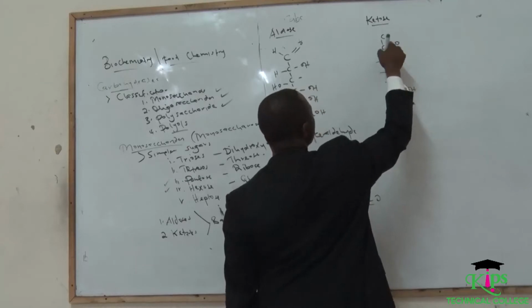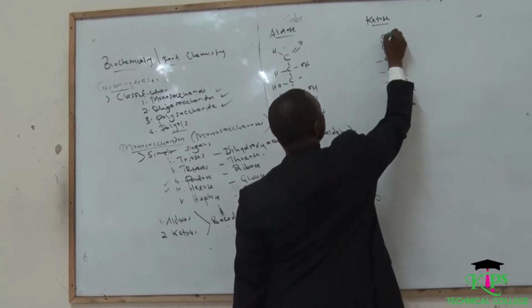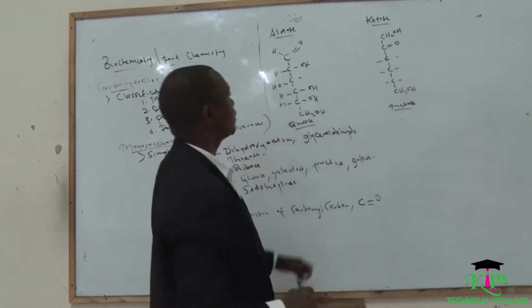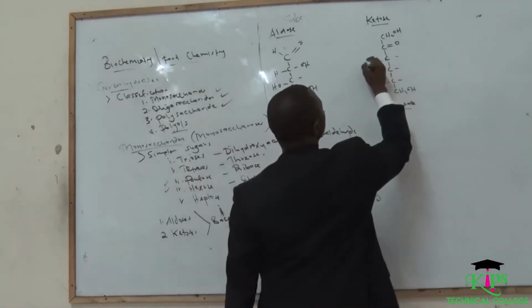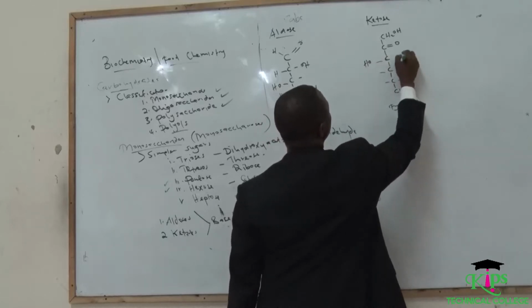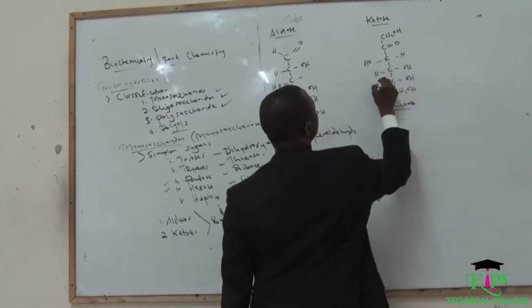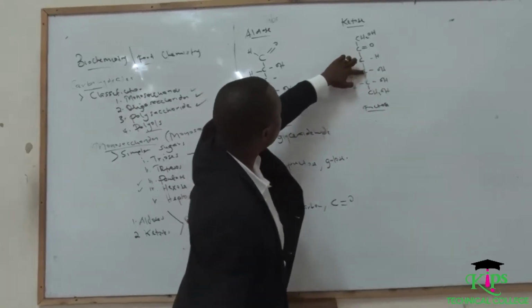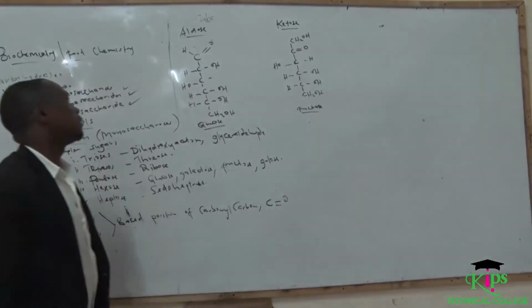You can see it's in carbon number 2. And then at carbon number 1, we have the glycerol. So this is a fructose. 1, 2, 3, 4, 5, 6.